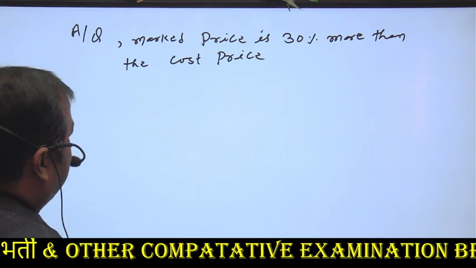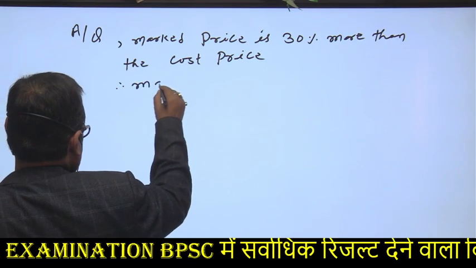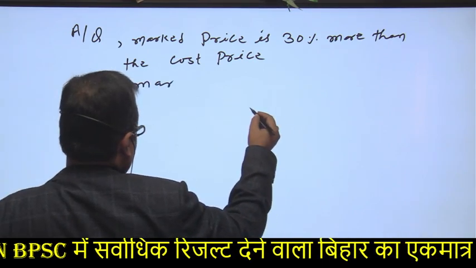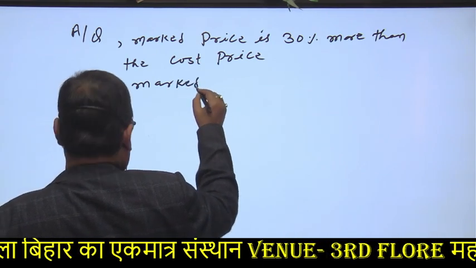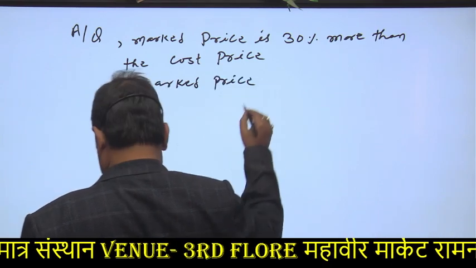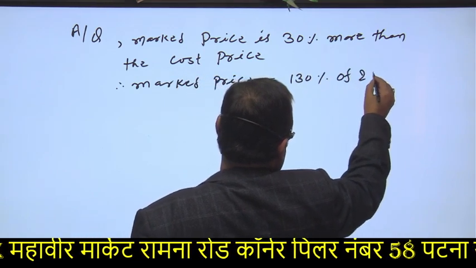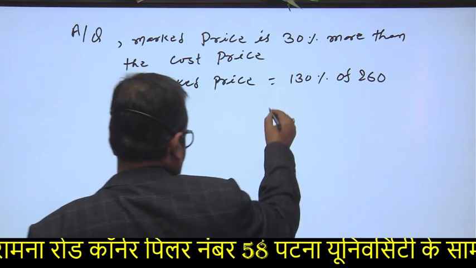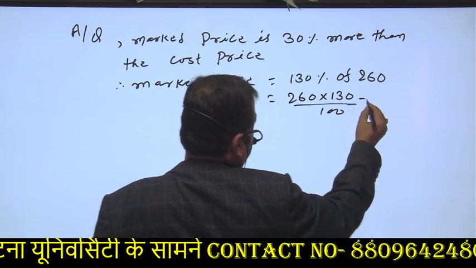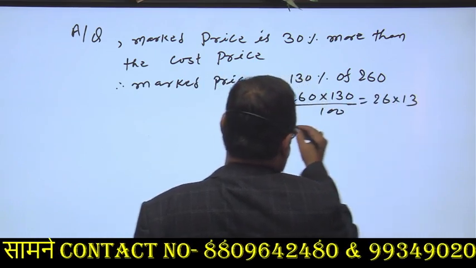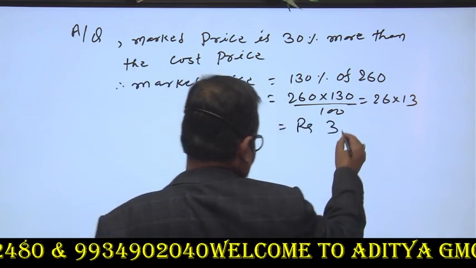Therefore marked price equals 130% of 260, which is 260 into 130 divided by 100, 26 into 13, Rs 338.